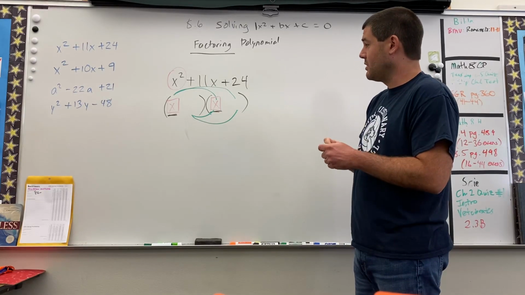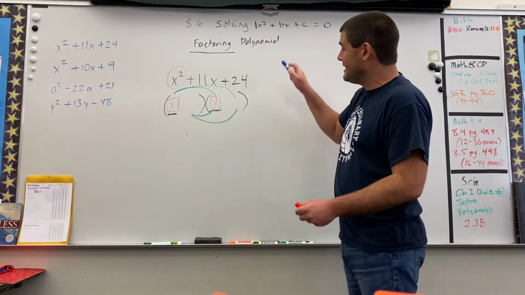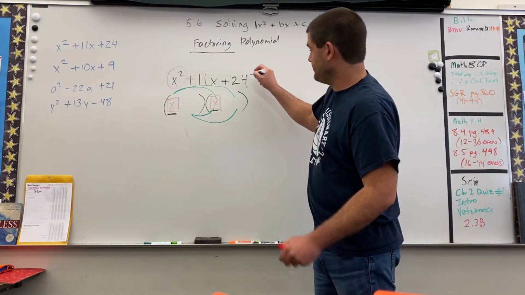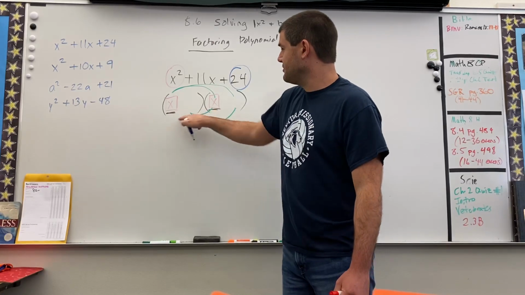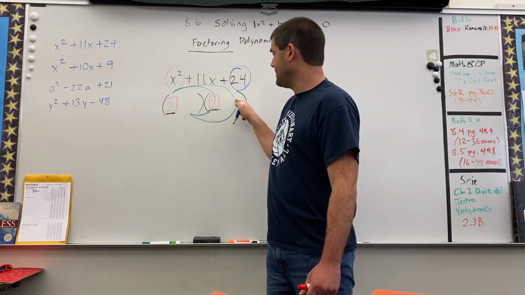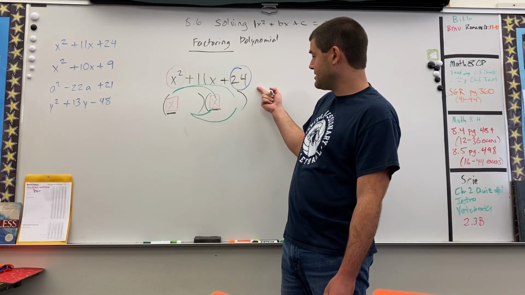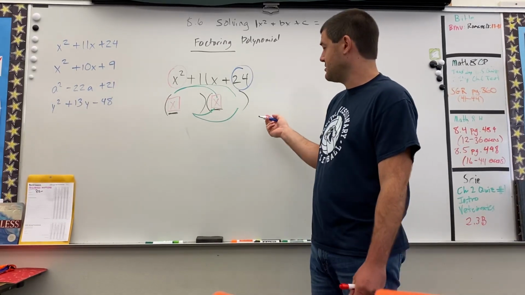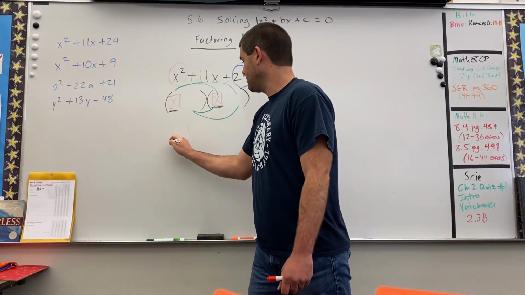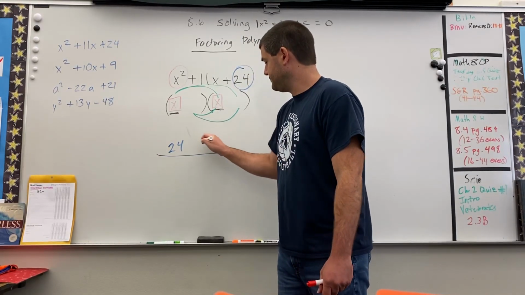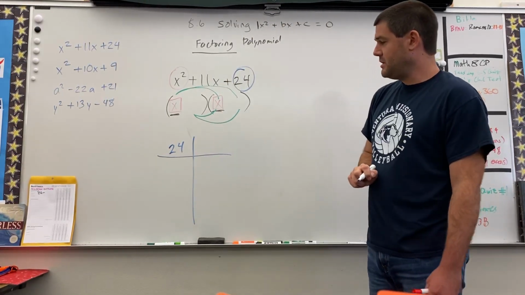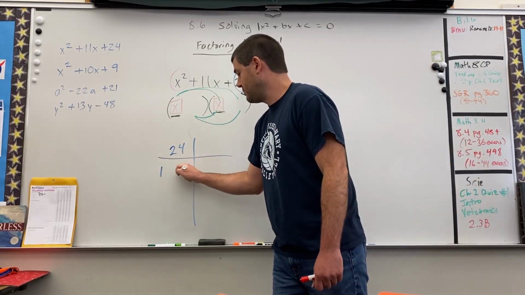Next number that we want to make sure of is the last number. If these two guys get you the first number and these two guys get you the last number, what would the last number be? There's a couple different combinations. How are you going to get 24? Well, I could do 1 times 24.